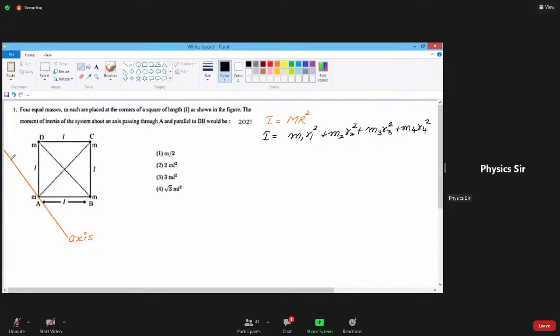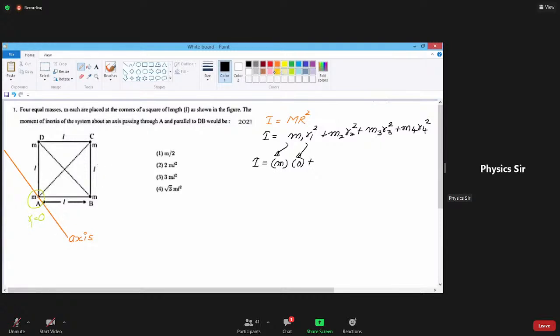Now since I have to calculate about an axis passing through A, for the mass which is at point A, if I call its distance R1, then this distance R1 will be 0. So in place of M1 I can write M, but in place of R1 I need to write 0, plus.